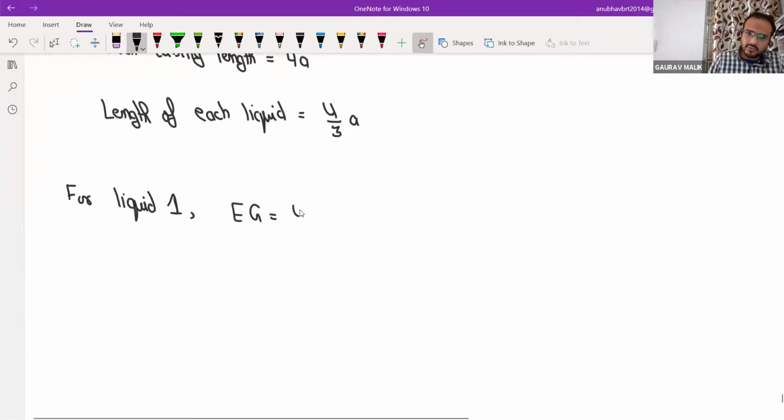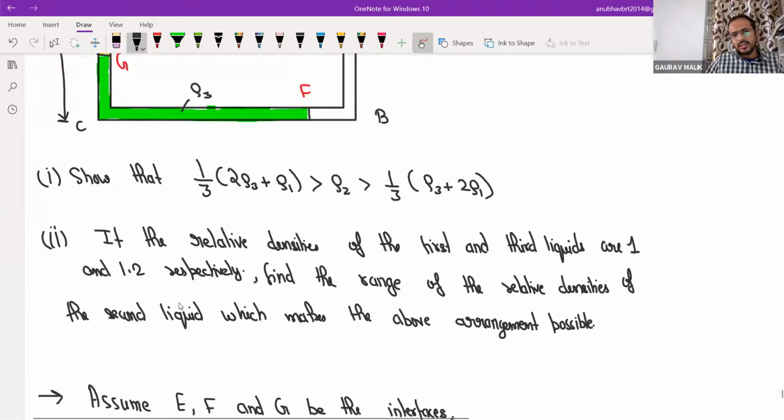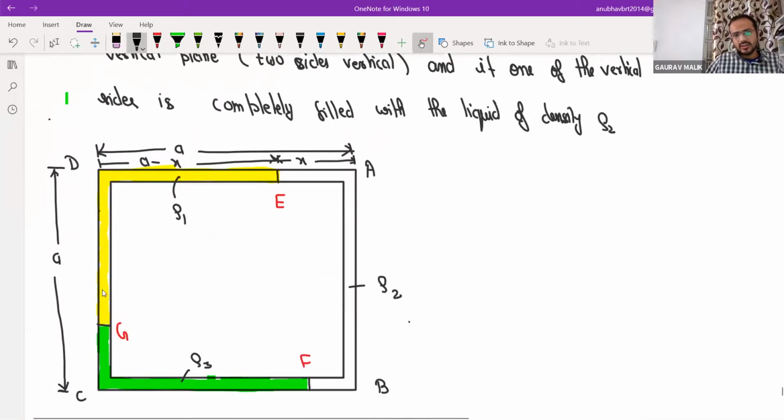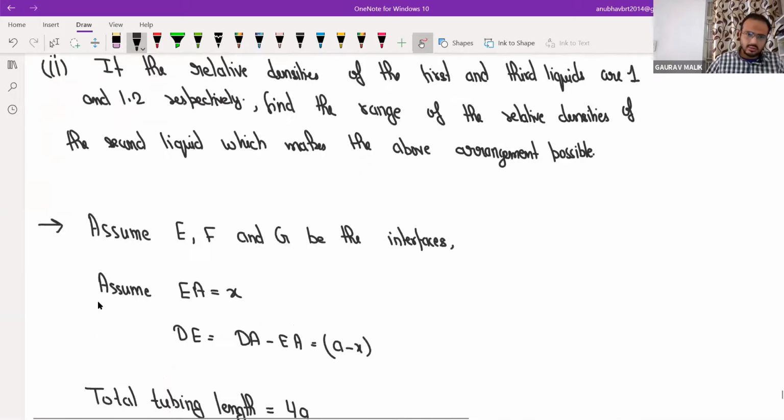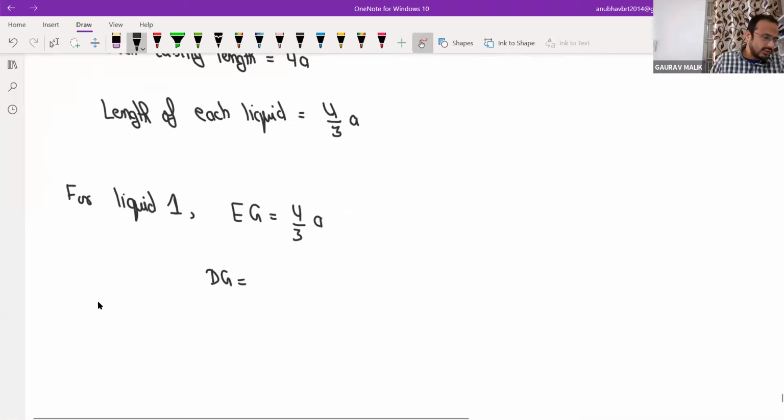The value of EG is equal to 4 by 3A. So the value of DG, are you able to calculate? The value of DG, because we need to calculate in vertical. The value of DG is equal to the total length minus the value of DE, that is 4 by 3A minus A minus X. So you will get A by 3 plus X.